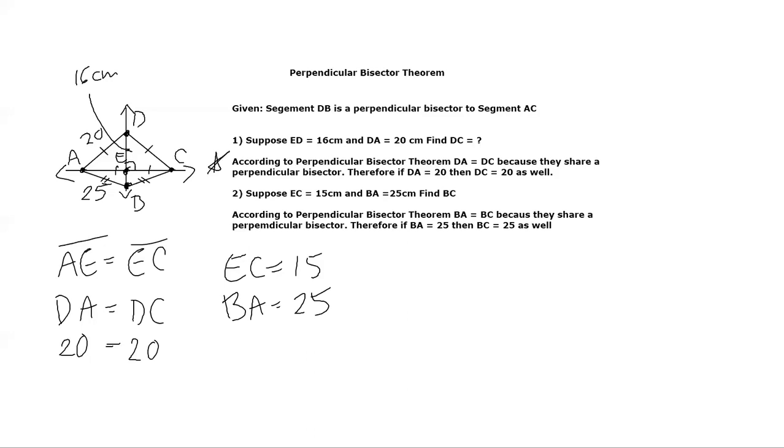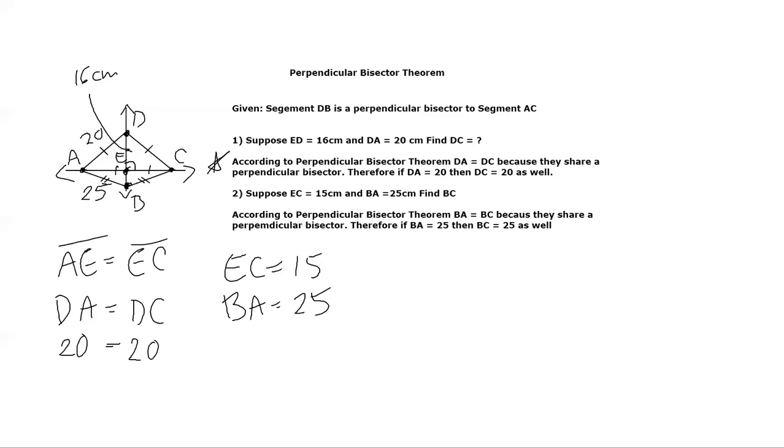Now we have to think. BC is a counterpart to either EC or BA. Well, remember they have to share a perpendicular bisector. EC doesn't share a perpendicular bisector with BC. Not really. They're not the same segment.